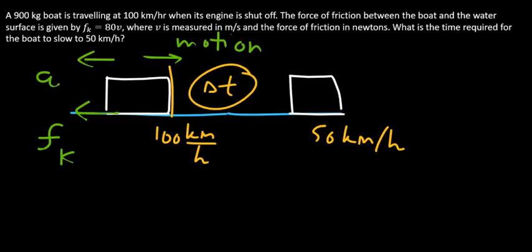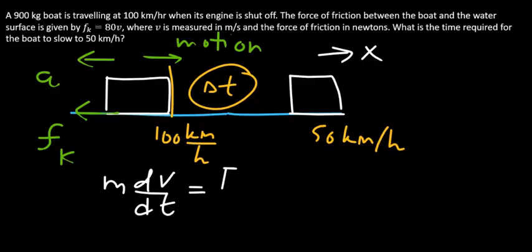Of course, Newton's second law states if you take that direction to be the x-axis, m dv/dt equals net force. This is the acceleration of the boat. And the net force from the free body diagram above is just Fk, that is the magnitude.